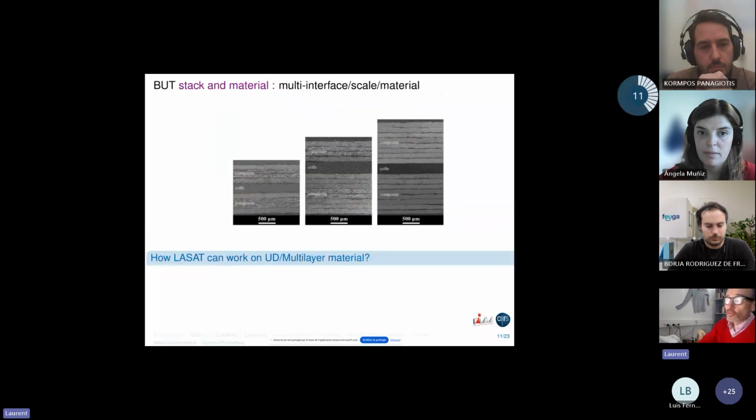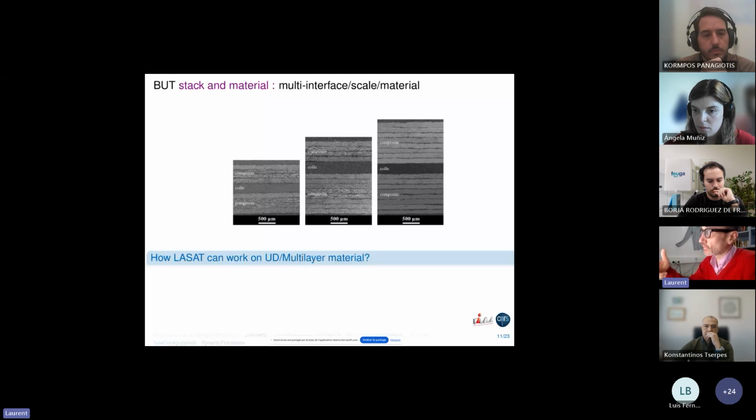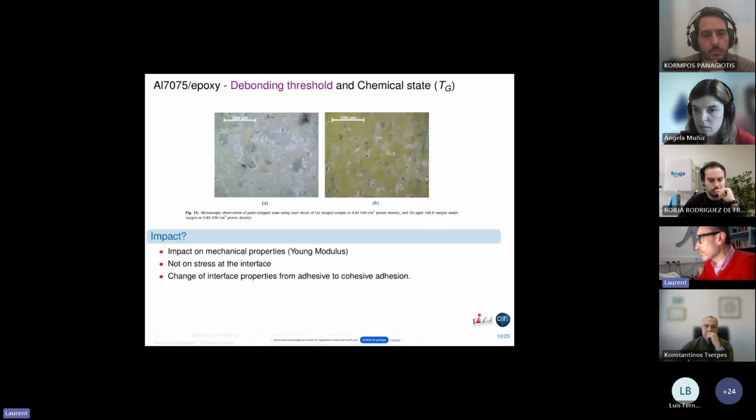Now, I showed you an example for one material interface for coatings, but in real life we need to dismantle materials like laminates with many interfaces, because we have ply, interply, and adhesive bonding with different thicknesses. But the question is, can we adapt the laser beam, the laser loadings, to have selective separation for each interface?